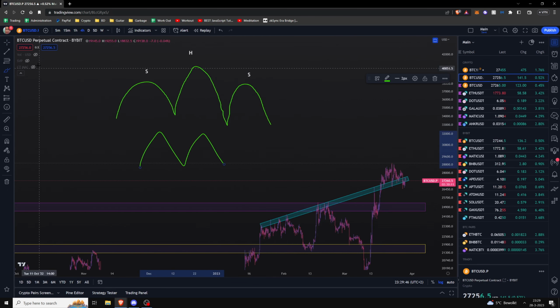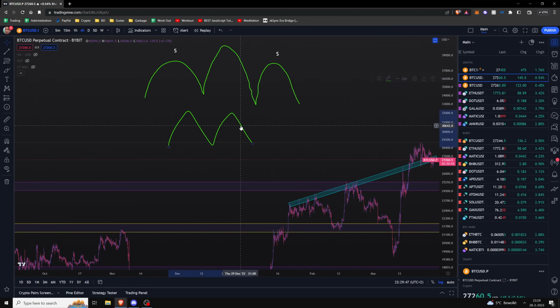And you'll always see a double top drawn like this, right, where it's just two equal highs. But a double top can also be like this, or it can be like this. There's slight variation. It's still a double top, and in the end, it doesn't really matter what you call it.